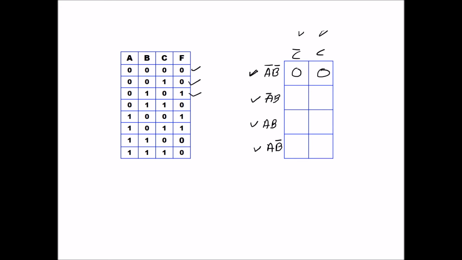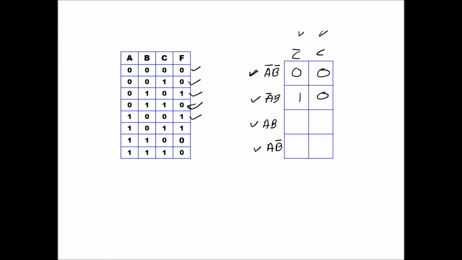Now here I have a 1, which is not A, B, not C. That is a 1. Then the next one is not A, B, C, that's this one, and that is a 0. That one is a 0 right there.